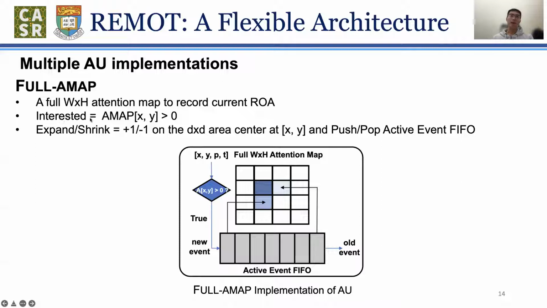And the interest operation is defined as whether this position XY has an attention map value larger than 0. And the expand and shrink operation is modeled as plus and minus 1 on the D by D area centered at XY, and also the push and pop active event FIFO actions.